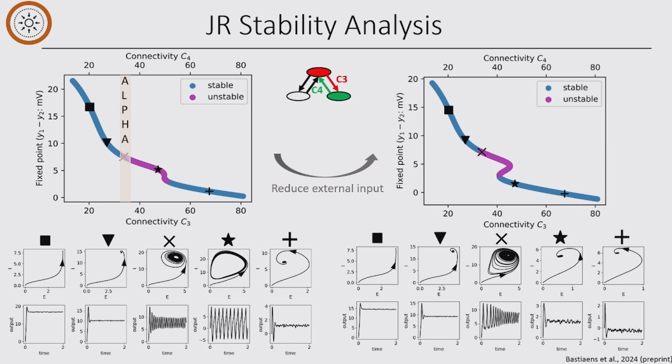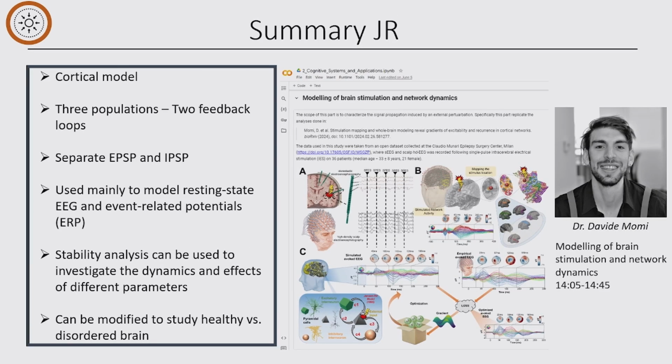But it's more work to do the maths. Certainly is for me. So we have one talk today talking about Jansen-Rit. This is going to be Davide in the afternoon. As I was saying before, Jansen-Rit's a workhorse for oscillations and for evoked responses.